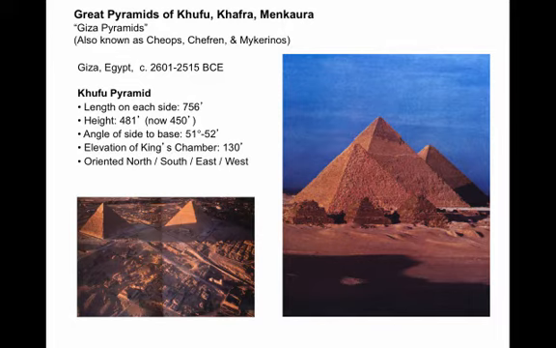The outer layers have been stripped away for the most part. You take that limestone, you put it in great fires, and you can make plaster. And so in subsequent building in Egypt, these ancient monuments become mines for later buildings.